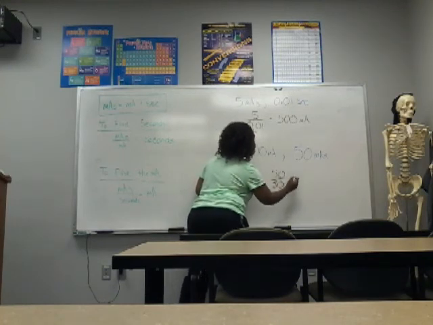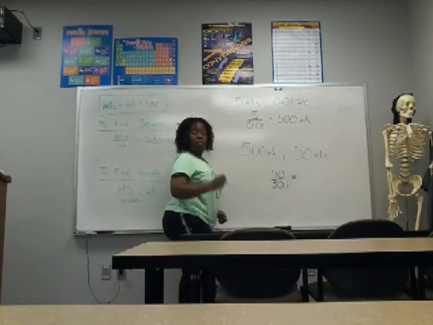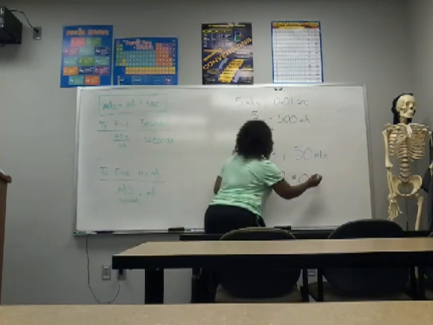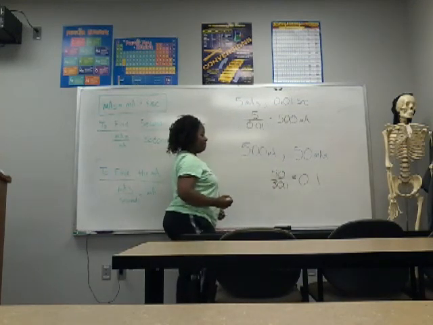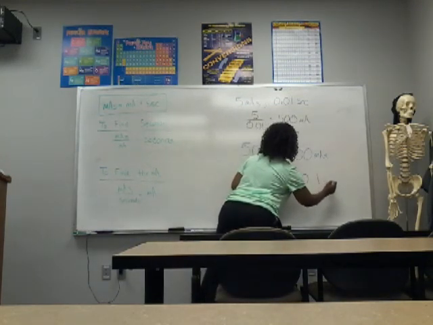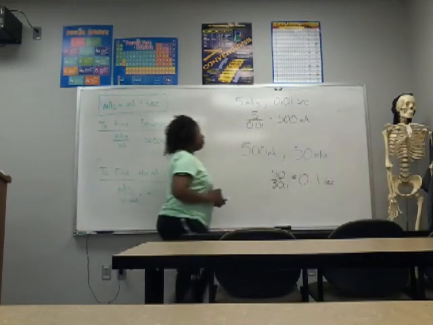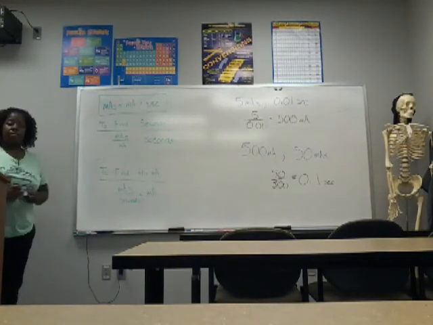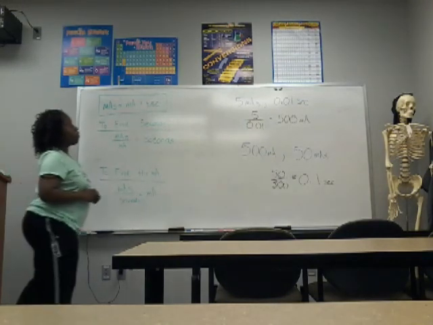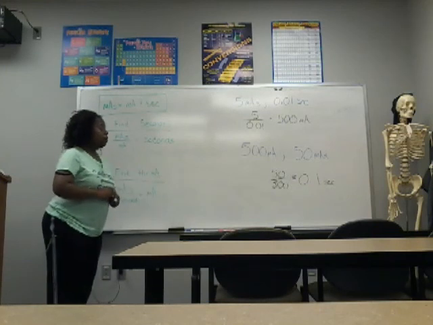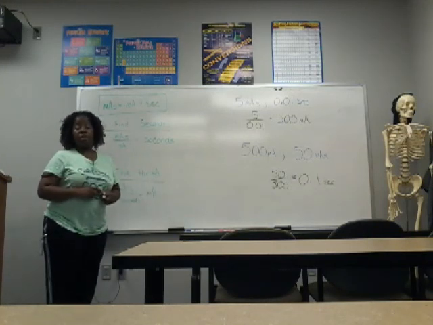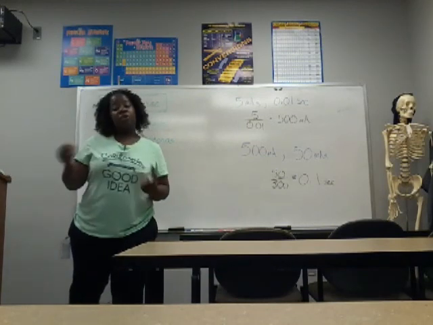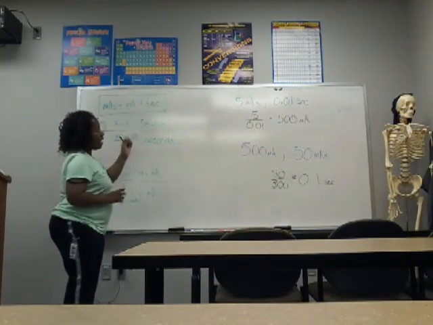You could quickly calculate that in your head as well. And that's our seconds: 0.1 seconds. Now, that's all the problems we are going to work with the mAs. Do the practice problems in your workbook and also in your text to make sure it gets hashed into your head.